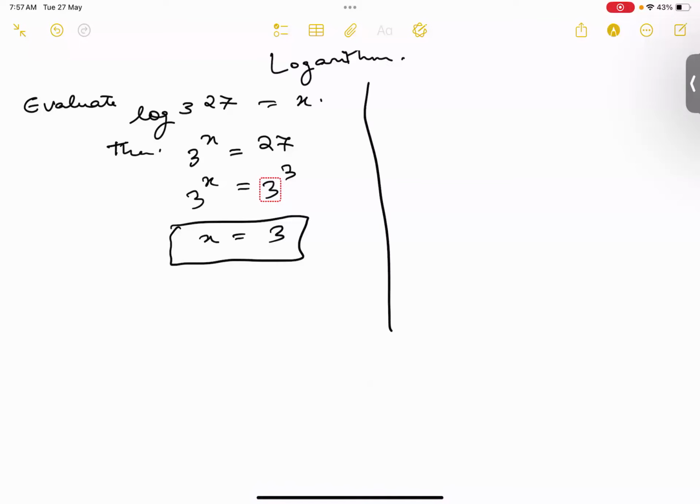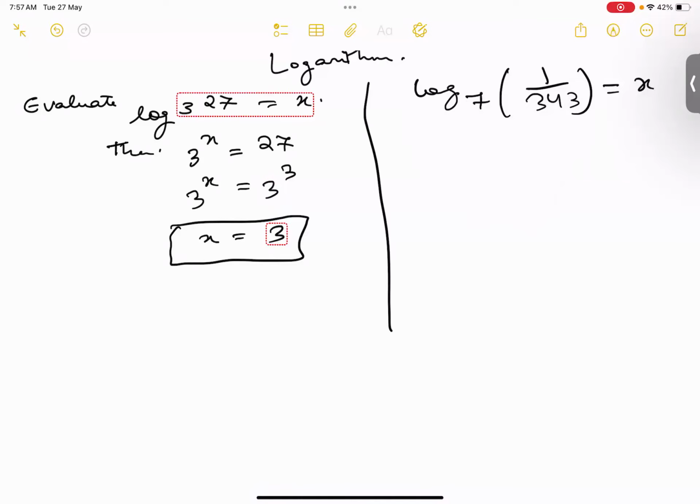Another example: log base 7 of 1 by 343, okay? Let's consider this value as x.